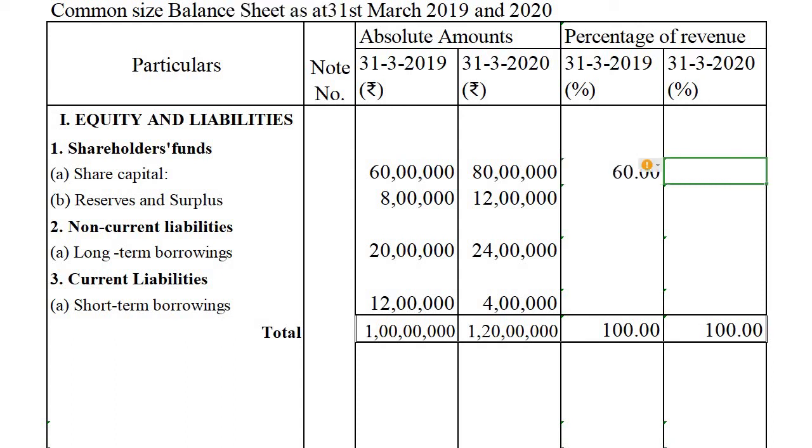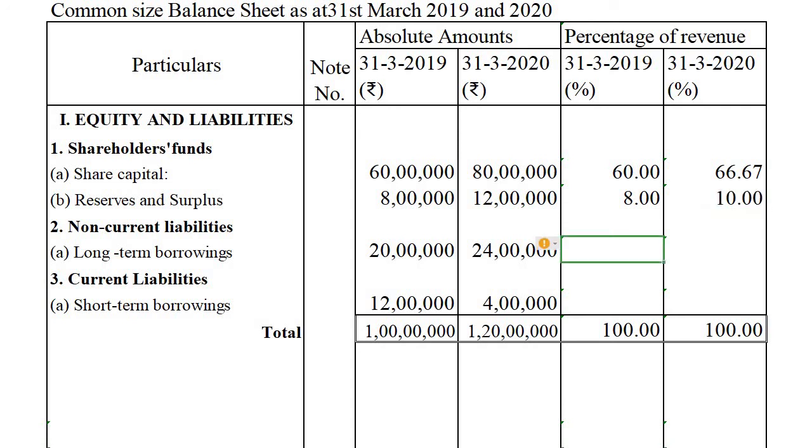Next, 80 lakh divided by 1 crore 20 lakh into 100, 66.67%. Reserves and surplus also same, 8 lakh divided by 1 crore into 100, 8%, and 12 lakh divided by 1 crore 20 lakh into 100, 10%.